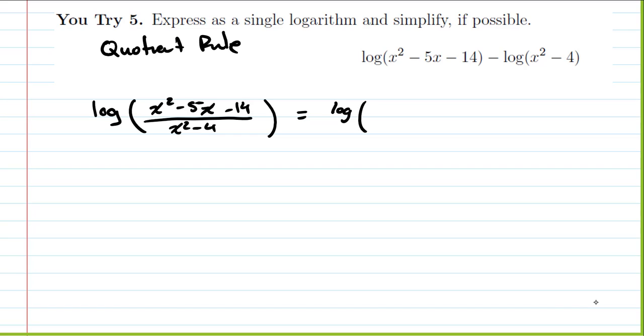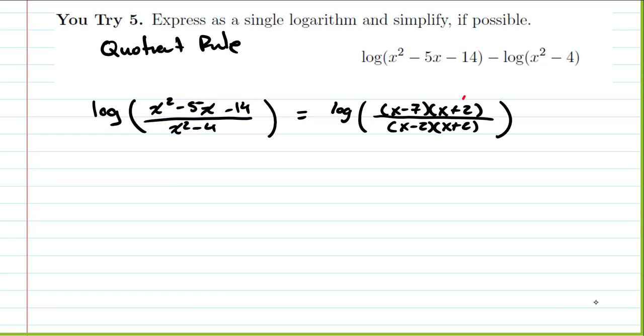So x squared minus 5x minus 14: the factors of negative 14 that give us negative 5 are x minus 7 and x plus 2. And in the denominator, it's the difference of squares, so it's x minus 2 times x plus 2.